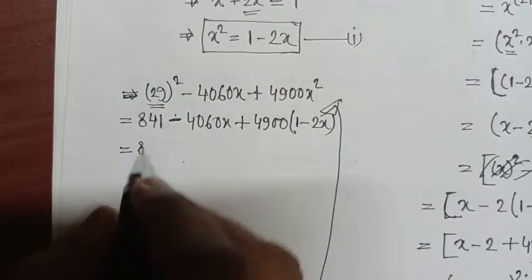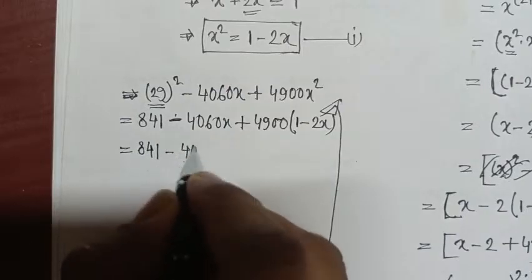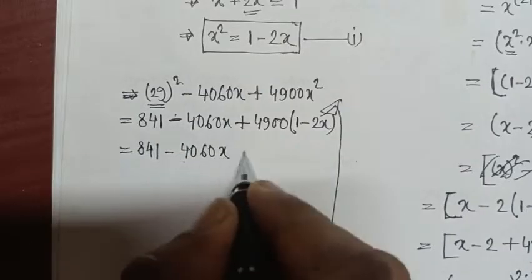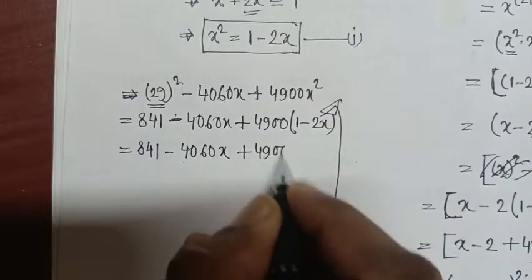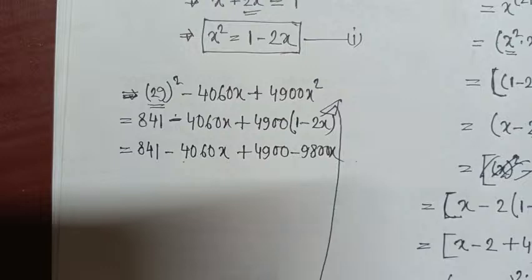that is equal to 841 minus 4060x plus 4900 minus 9800x.